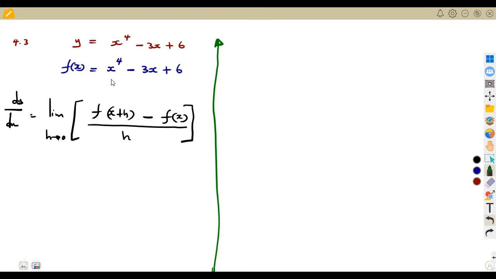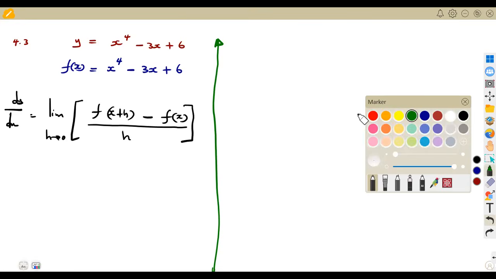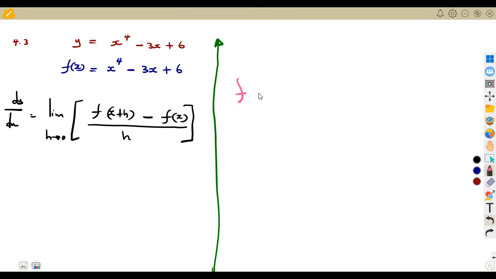We already have our f of x, so we need f of x plus h. F of x plus h means in place of x, we are going to substitute x plus h. Where there is x, we put x plus h.